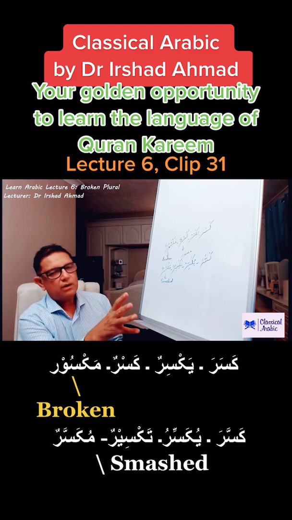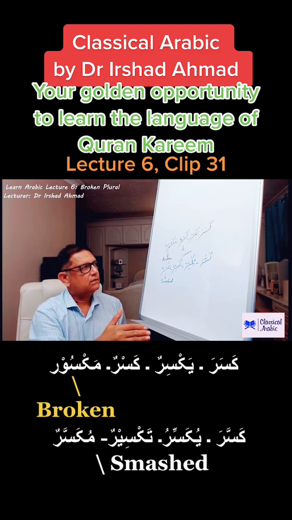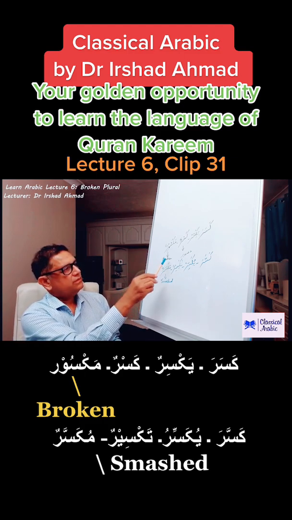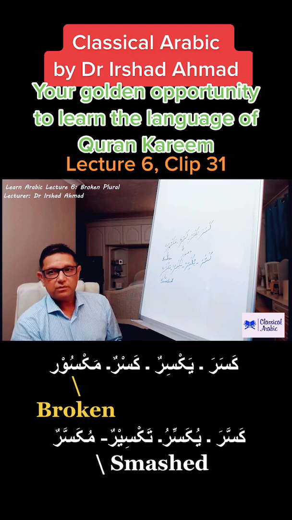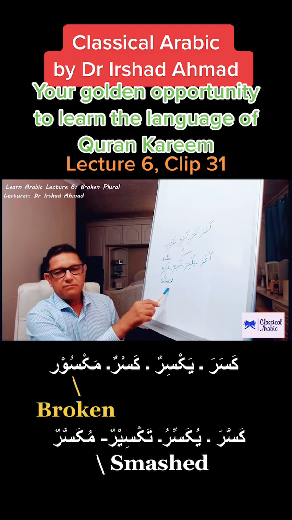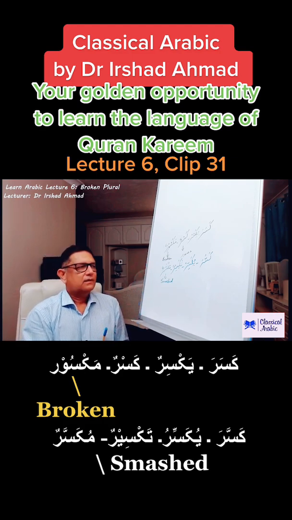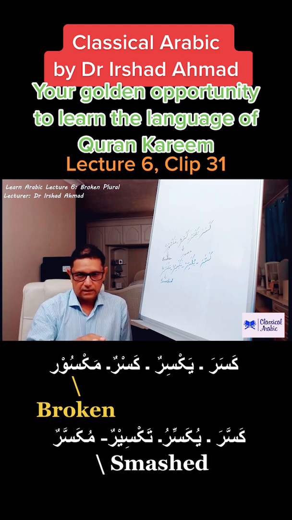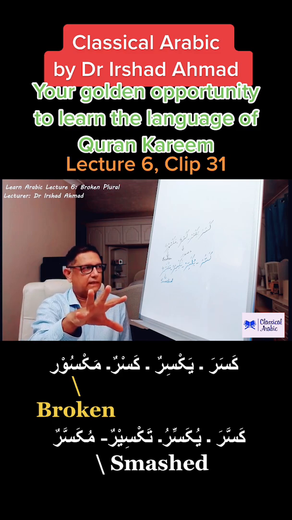The Arabic grammar books in English, all of them which I have seen, the authors have used the word broken plural, and not the smashed plural. But I think really this means smashed. For example, if a glass is broken, we will still be able to recognize it as a glass because there may be a few lines of breakage in it, but it will be kind of intact.